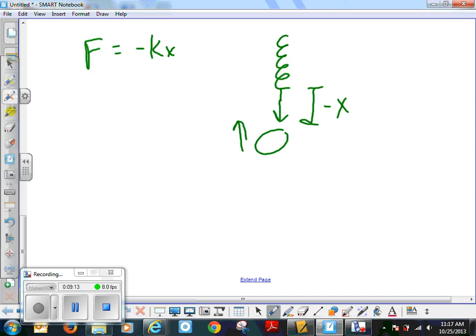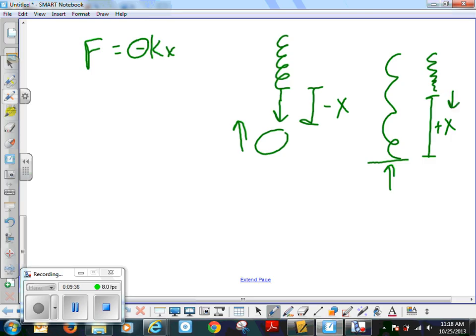Do you agree? What direction is that force in? The opposite direction. And so that's why this negative sign comes into play, because the force of the spring is opposite of the displacement. Vice versa, if this is equilibrium and I push into the spring, when it gets compact, I've displaced in a positive x direction, but the force of the spring is going to push me backwards, which is the opposite direction. So there's your sign convention on that.